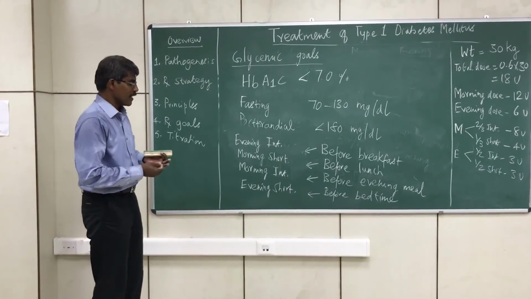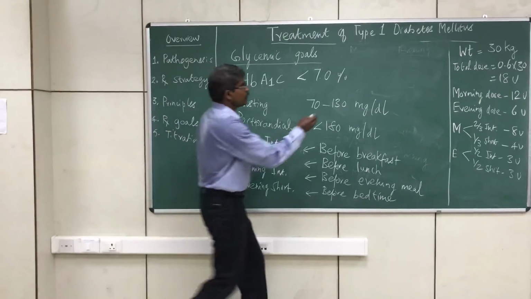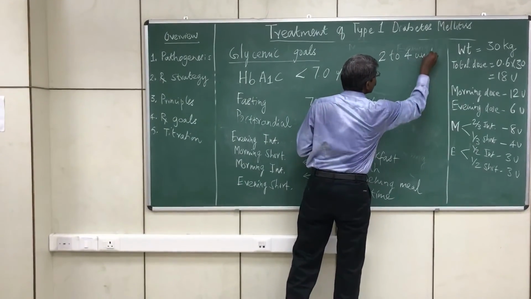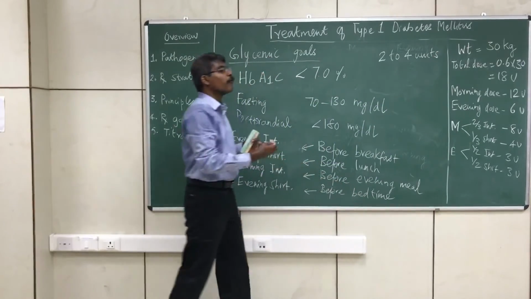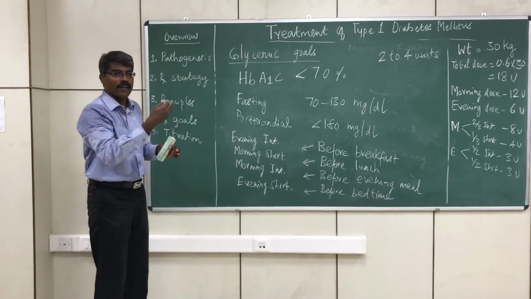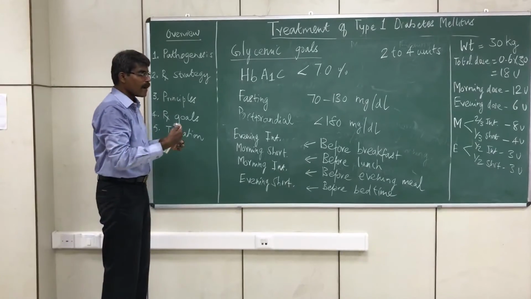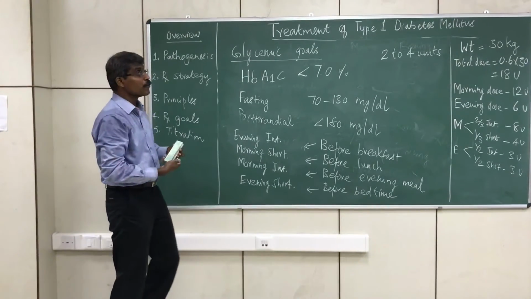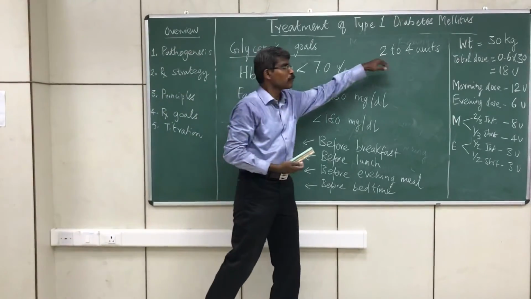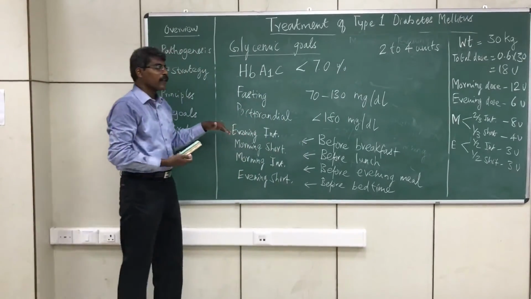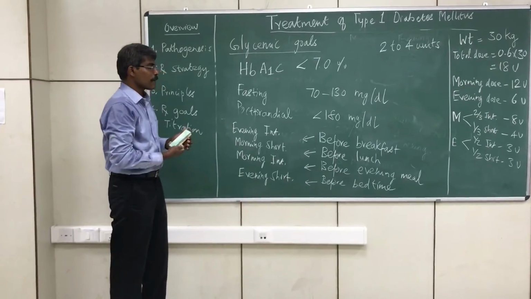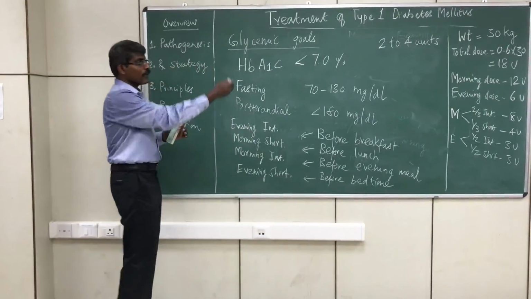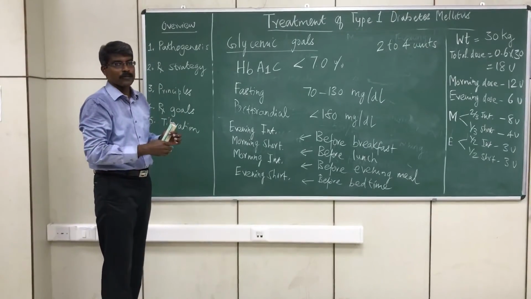Now, how much should be the magnitude of change? The magnitude of change is usually 2 to 4 units. Never change above 4 units, and you can either increase or decrease. Ask the patient whether he is having symptoms of hypoglycemia. If so, then you need to reduce the dose by 2 to 4 units. Or if the fasting glucose level goes below 70, then you need to reduce the insulin dose.